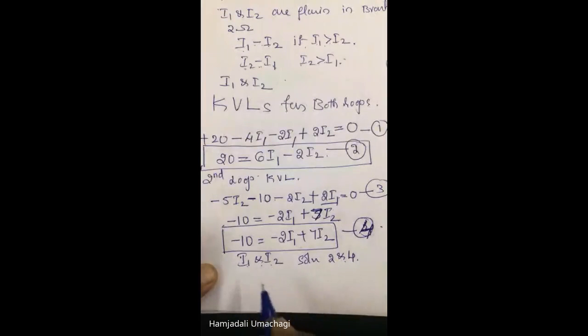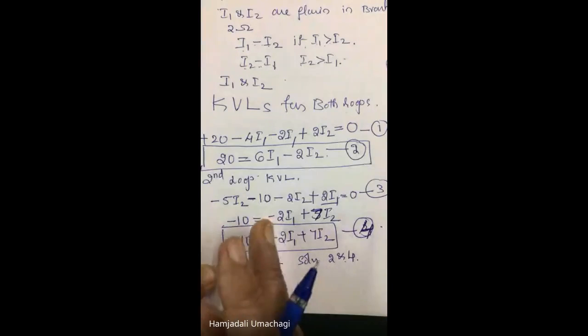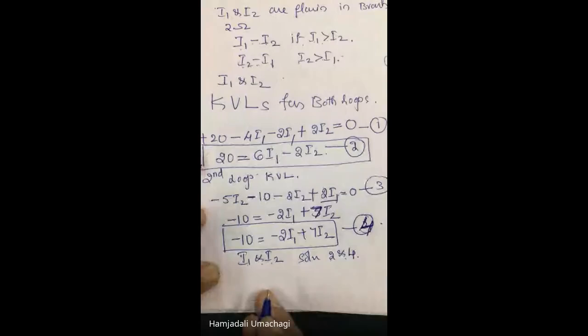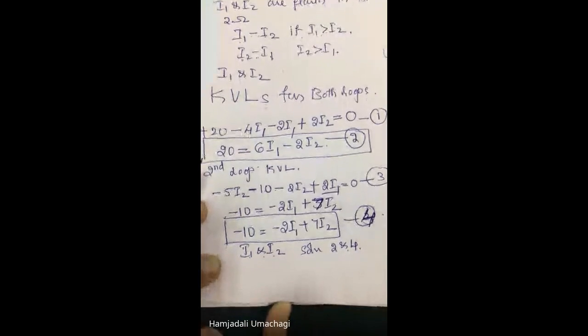Yesterday I asked you to do 2 examples, 3 variable linear equations by using Cramer's rule or simple solution of linear equations. Because of this reason only, yesterday I asked you to solve.